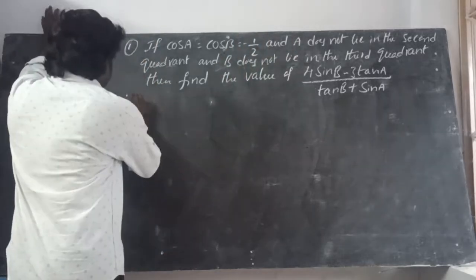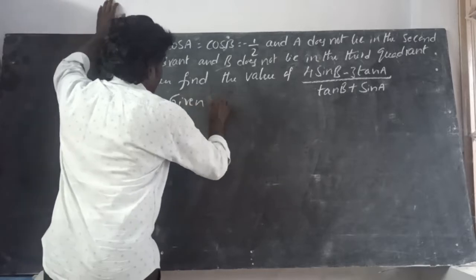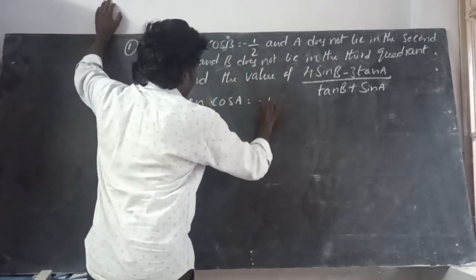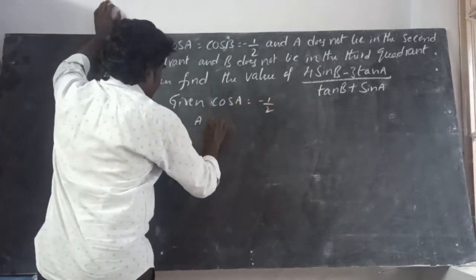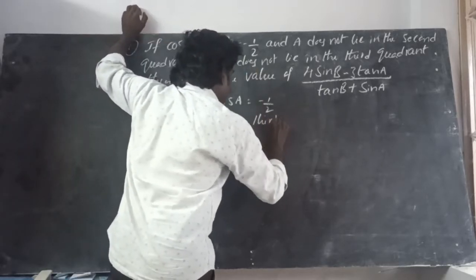So here, given cos A is equal to minus 1 by 2, A is in the third quadrant.